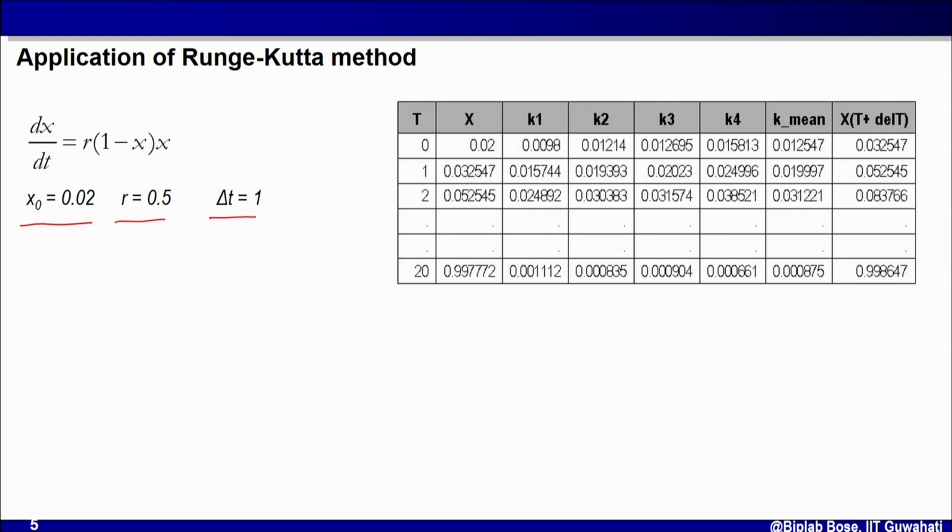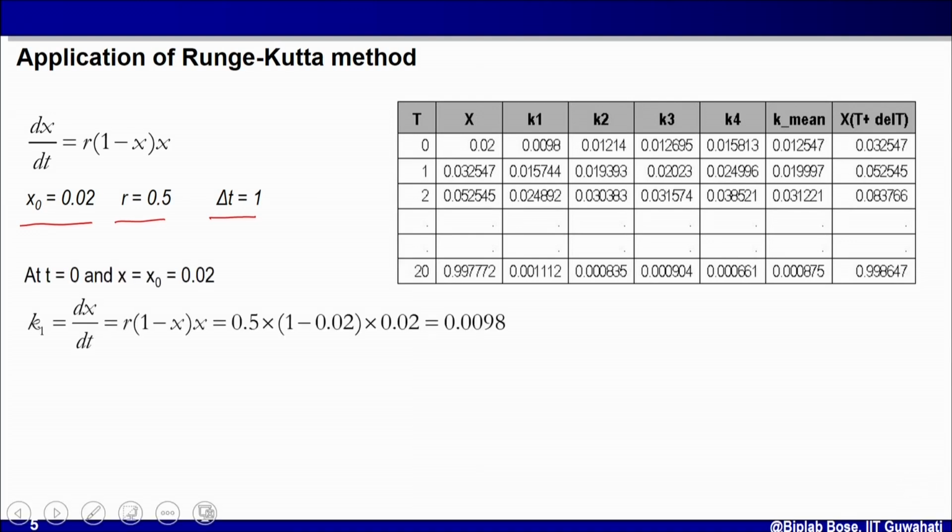So how will I proceed? First I will calculate k1. So consider I am at time point 0, t equal to 0. So the value of x will be 0.02 as given. This is the initial condition.